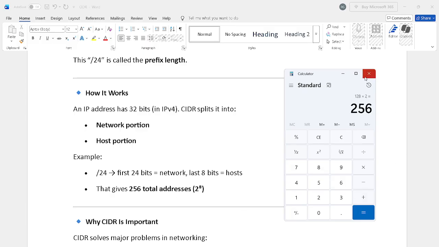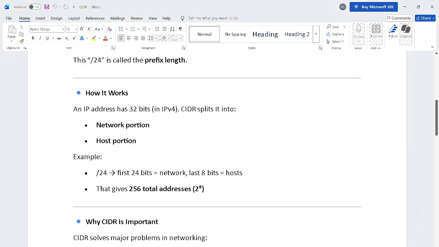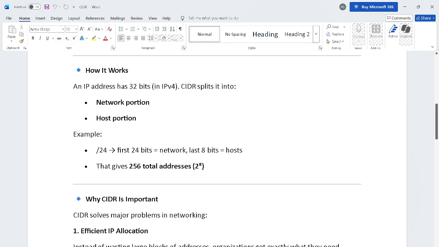So it becomes 256. So for the host bits we take the power of 2, and then we can calculate how many IPs we can have in that subnet.